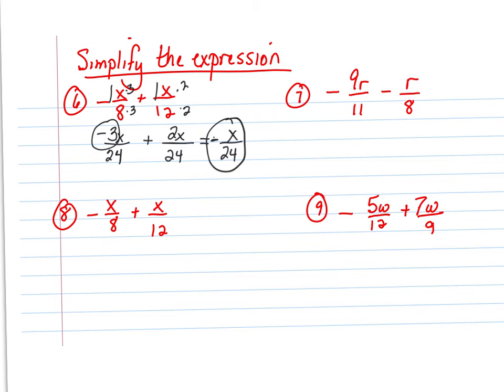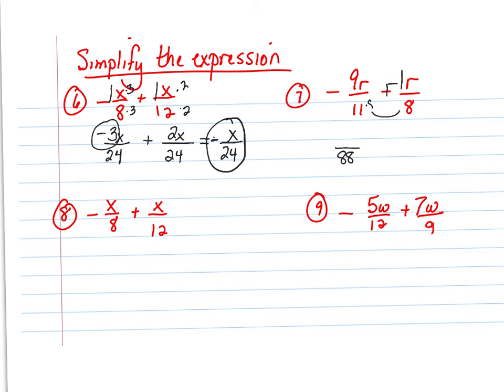Look at number 7. I'm going to keep change opposite again on number 7. And I'm going to put a 1 in front. I know I'm really going to add these, but I've got to get a common denominator between 8 and 11. Well, when in doubt, I can always multiply them together, right? So I'm going to use 88.